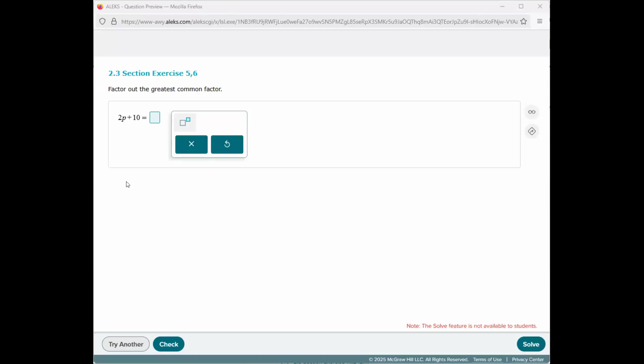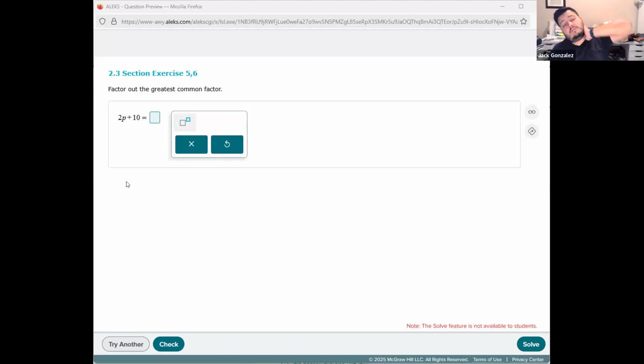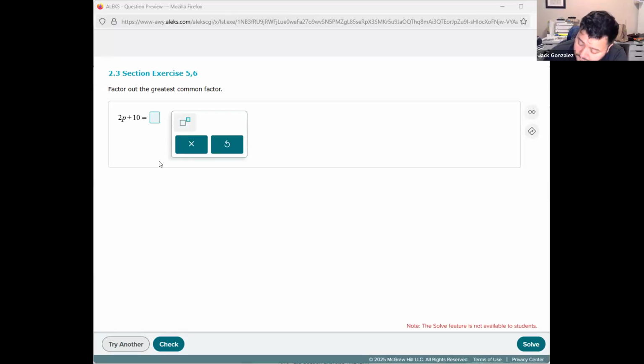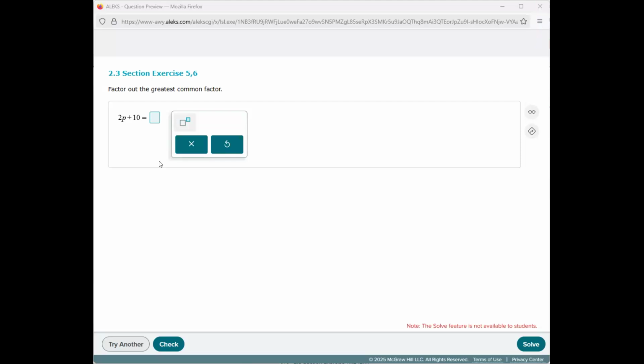Multiples of 5. If you factor them out, you get 2 and then the parentheses p plus 5. Well, that's the answer, but I'm asking what's the GCF before we factor it? 5 or no, 2. So the GCF is a 2.